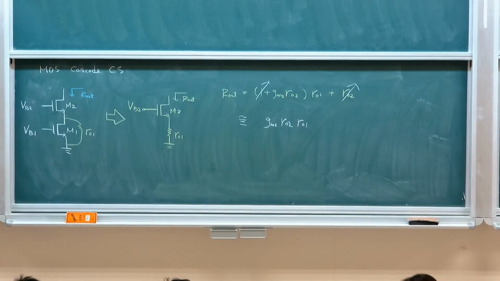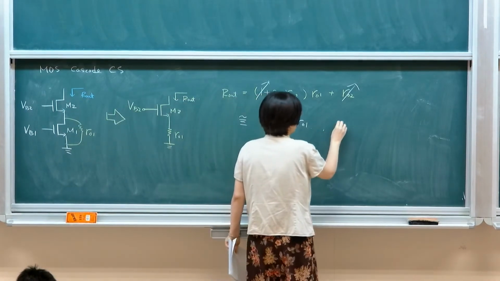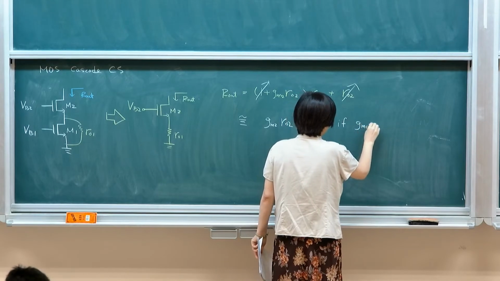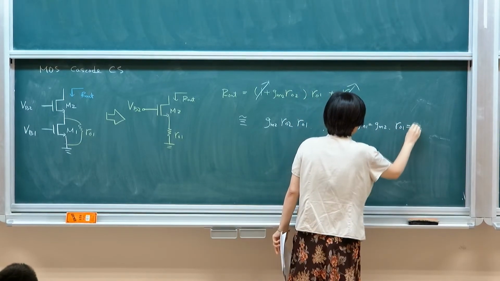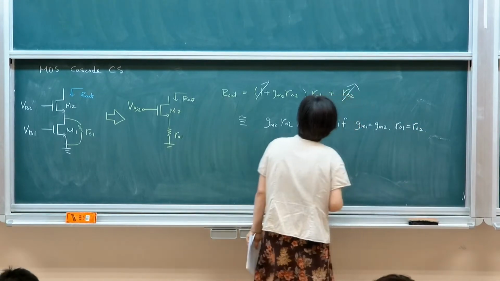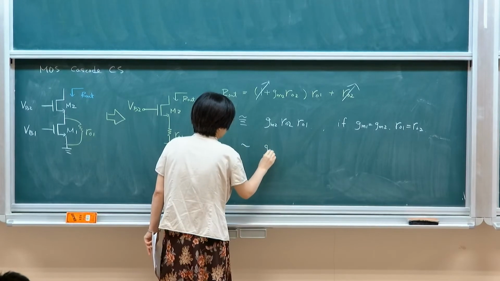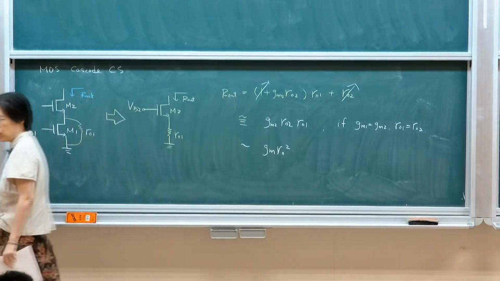In most cases, I'm using a single branch, and typically if your size is the same, this is not necessarily always true, but if gm1 equals gm2 and RO1 equals RO2, using two identical transistors, you will get something similar to gm RO squared. OK?